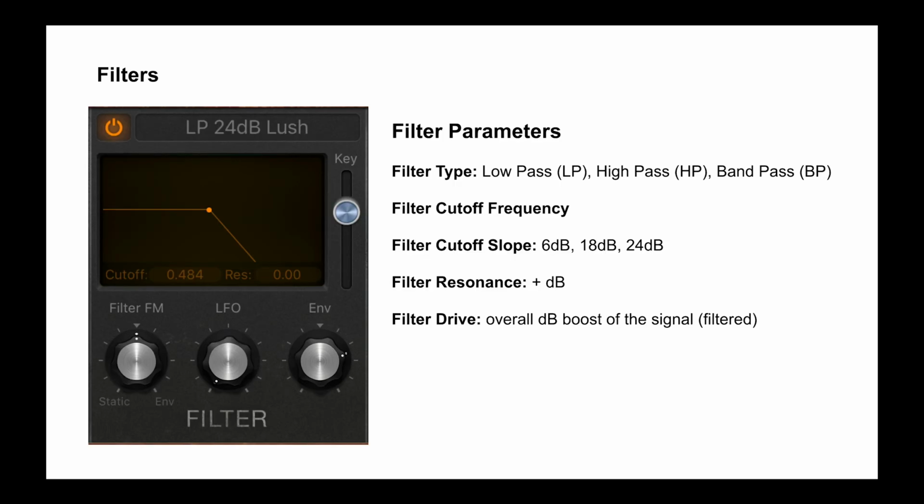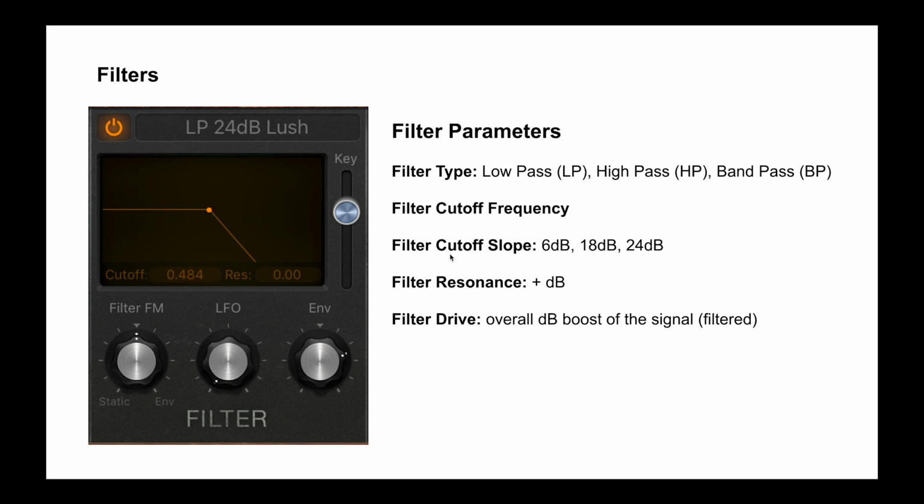The main parameters in filtering are, first, the filter type. Is it a low pass filter, a high pass filter, or a band pass filter? There are other types too, notch filters and comb filters, but these three are the most common by far. Then the filter cutoff frequency, the frequency at which the filter starts to work.